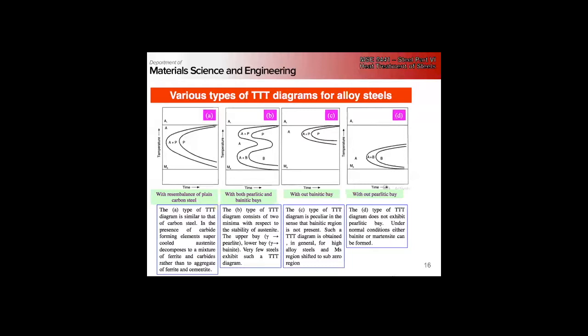And then we can also have basically where we don't see a bainite bay, where we have a pearlite and then a large gap between the lower end of this TTT curve and the martensite start. Or basically we can have ones without a pearlitic bay, where we need a significant degree of undercooling before we have anything happen.